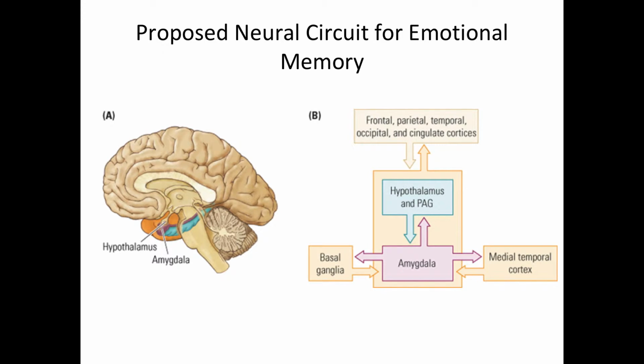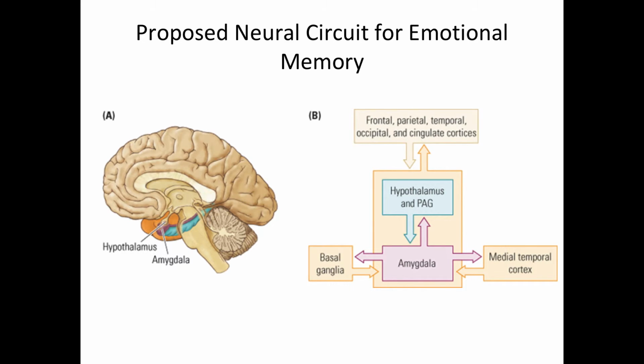The amygdala has especially close connections with the medial temporal cortical structures. It projects to structures taking part in producing autonomic responses. So it talks to the hypothalamus, and it also talks to the periaqueductal gray matter.